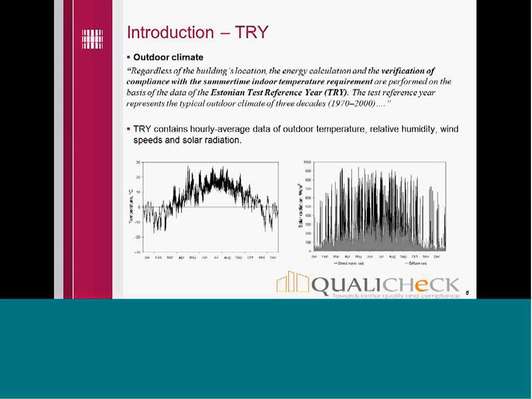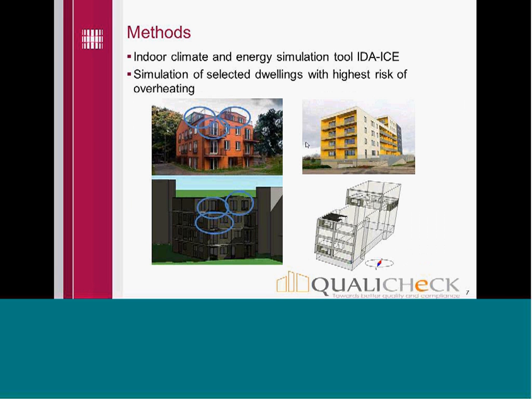And also the climate test reference year is given and defined. In this Estonian test reference year, you can see that in the winter it's quite close to -20, not exactly, and in the summertime it's quite close to 30, but still stays below 30 degrees. And this figure shows the solar radiation.